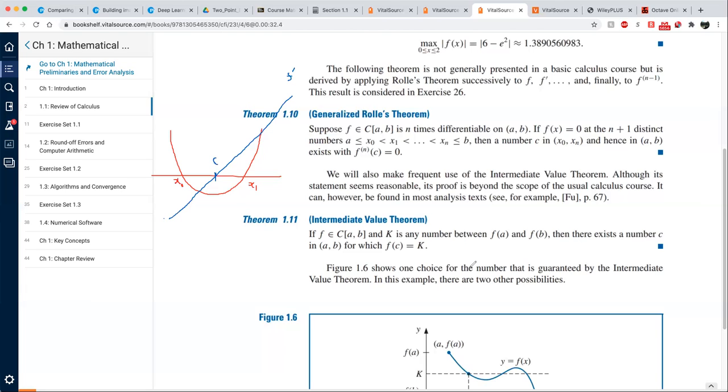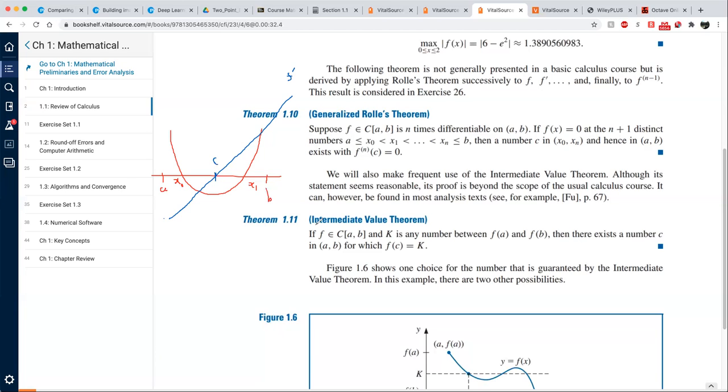Now you understand it, right? In this example, the function f has two distinct x coordinates of x-intercepts, x0 and x1, and f is continuous on the closed interval a b. Let's say here's a and here's b. The function is continuous and differentiable. Actually, it is infinitely many times differentiable.